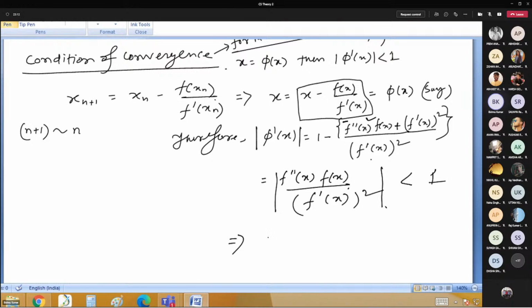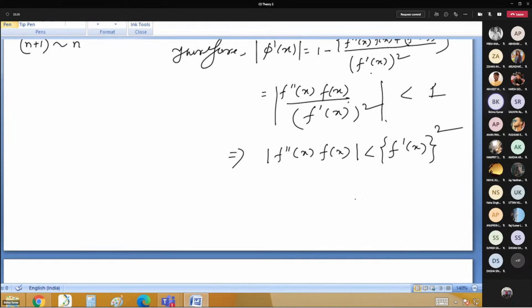From here I draw: f double dot x into f(x) should be less than f dot x square. This is the condition of convergence for the Newton-Raphson method. This is the condition.